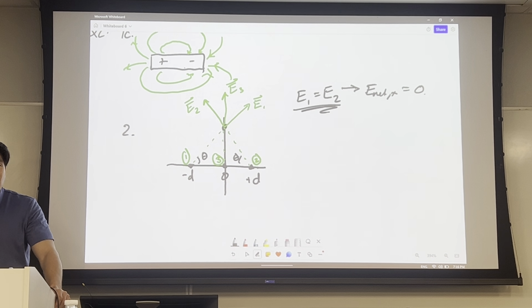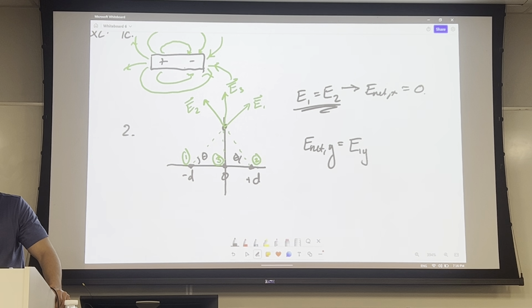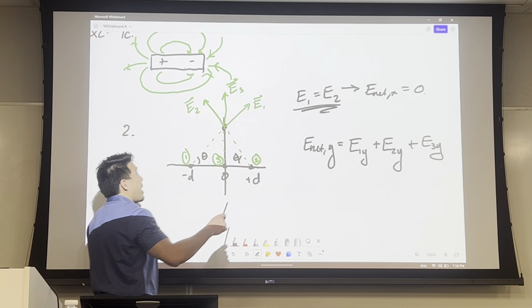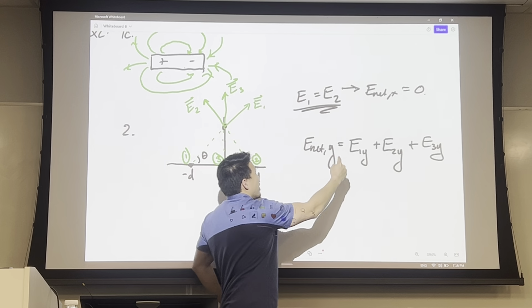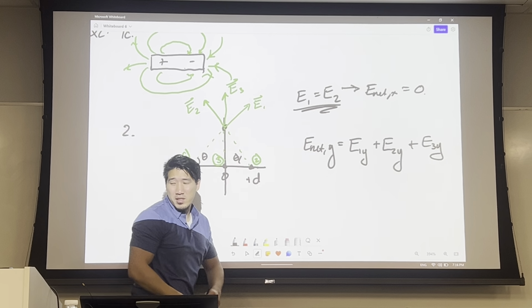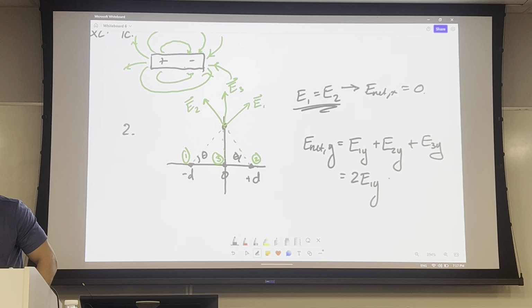The magnitudes being equal are also useful because we know that E net in the y is going to be E1y plus E2y plus E3y. Because the magnitudes are equal as well as the angles, this and this are going to be the same. So this is equal to 2 times E1y plus E3y.